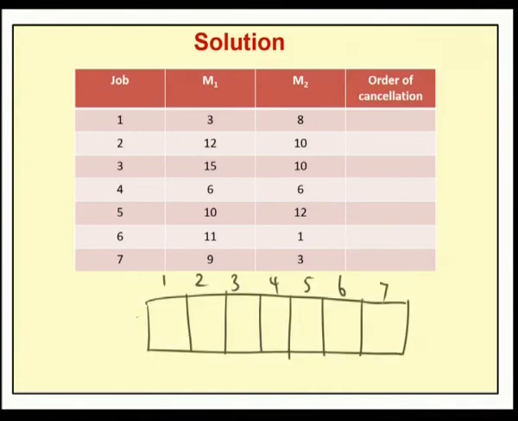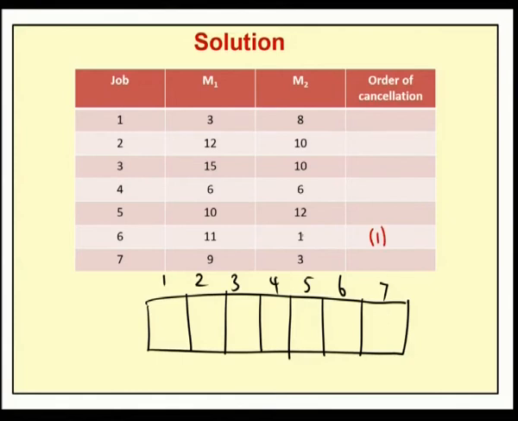So there are 7 jobs. Now as per the algorithm, in order to determine the optimal sequence, first we look for the minimum among all the processing times. Here among all processing times, the smallest is 1, which comes under machine 2, corresponds to job 6. Therefore first we have to cancel this job.